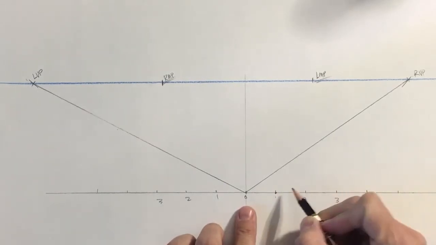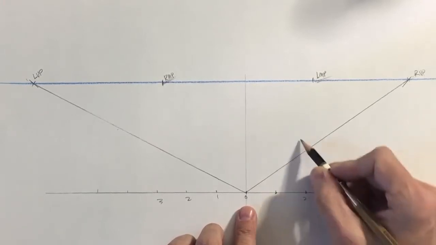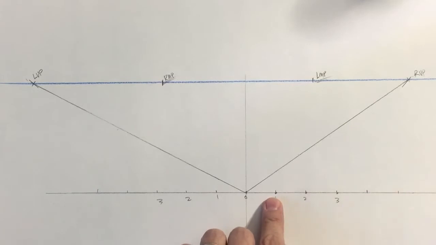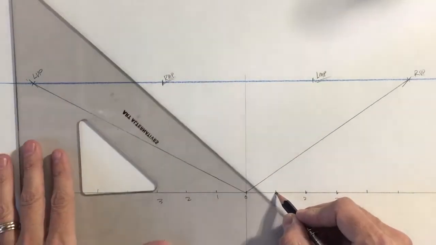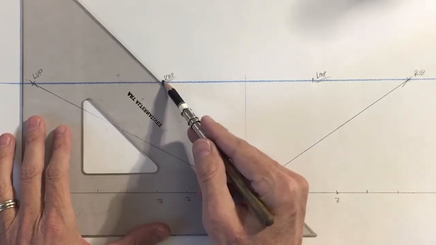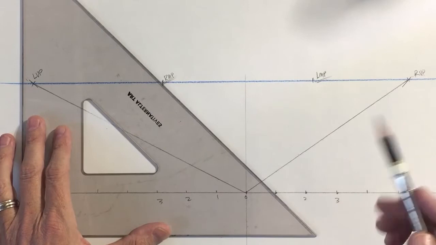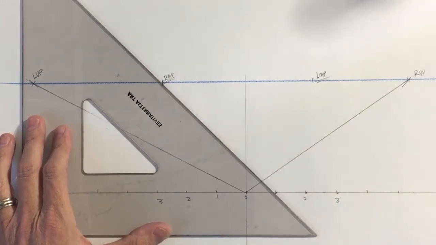So we want to find what this point looks like on this line. We want to find out what that point looks like on that line, that point, etc. So I'm going to take my triangle, or my ruler or whatever it is you're using, and align it with my right measuring point. But I don't draw a line. Remember, all parallel lines go to the same vanishing point, Benjamin's first rule of perspective.